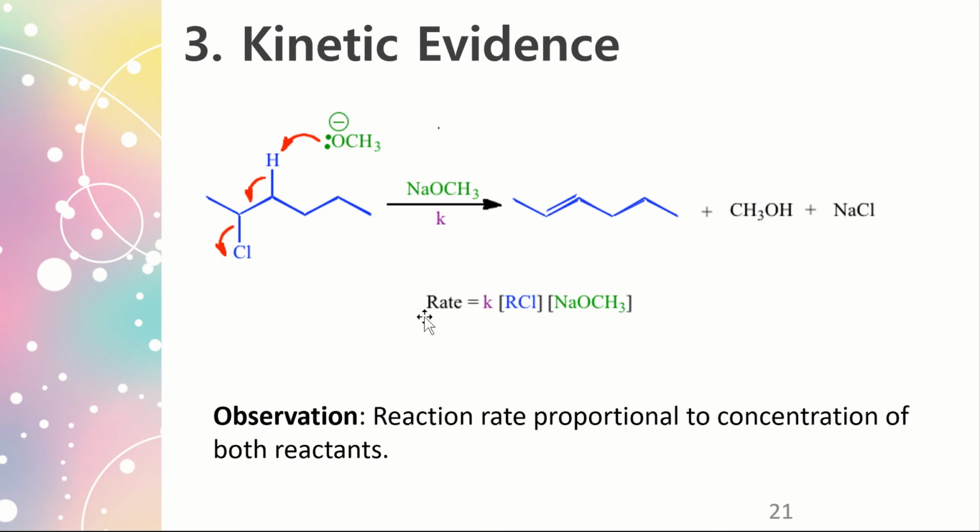And so the rate is equal to k, which is the rate constant, multiplied by the concentration of the alkyl halide, then multiplied by the concentration of the base. So the rate is dependent on both reactants here. The observation is that the reaction rate is proportional to the concentration of both reactants.